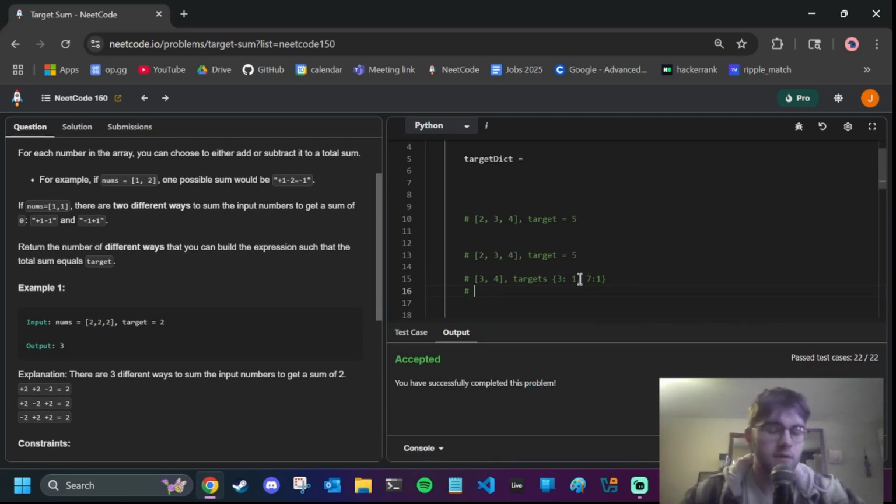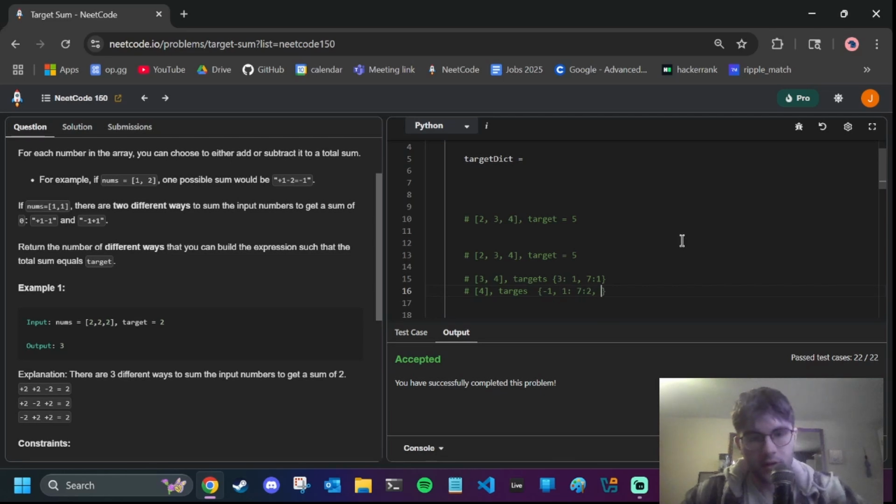I guess you don't really have to take it out per se, but that would be 4, and then our targets would be negative 1, 1, and then it would be 7, 2.